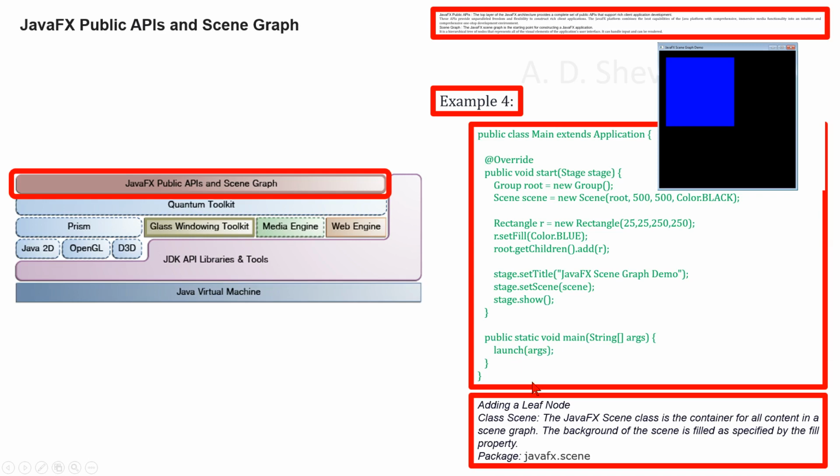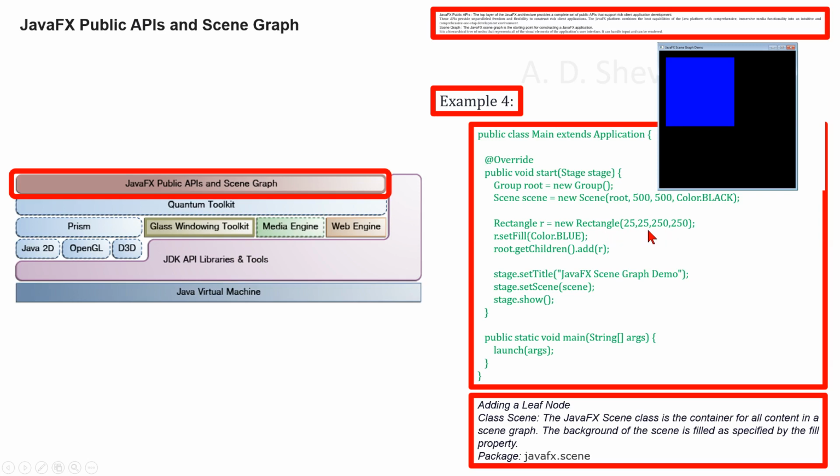The blue rectangle leaf node that is 250 by 250 pixels will appear at the specified x and y coordinates.